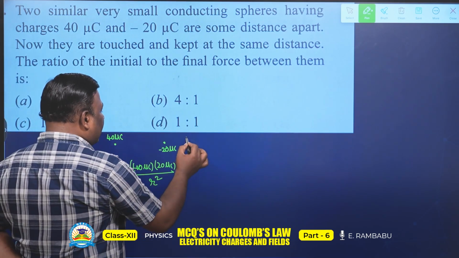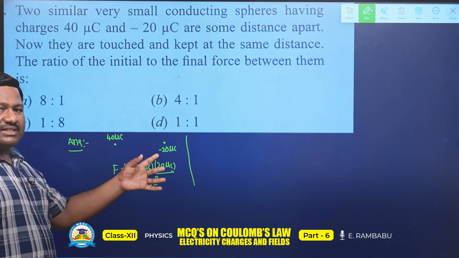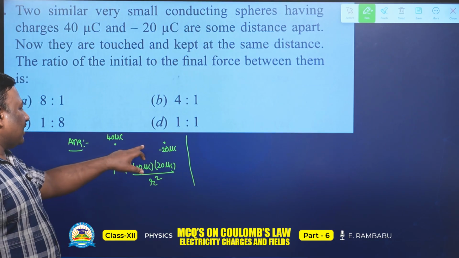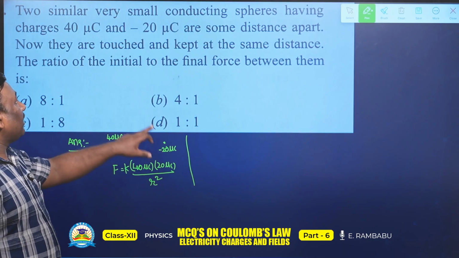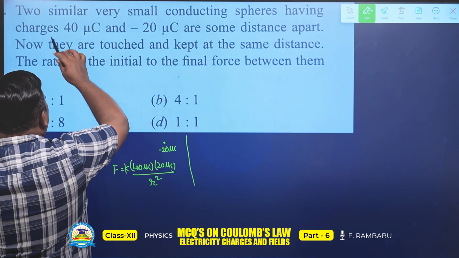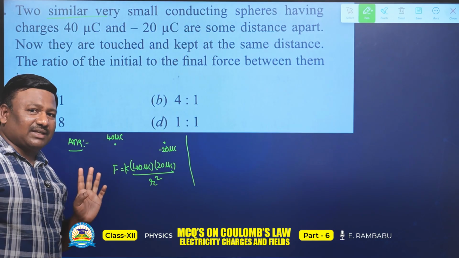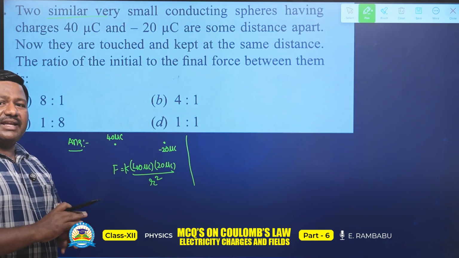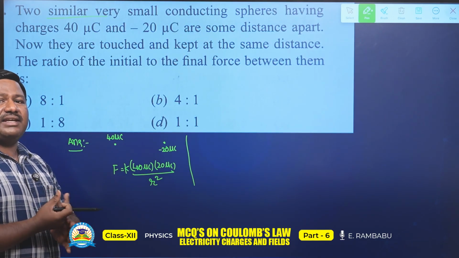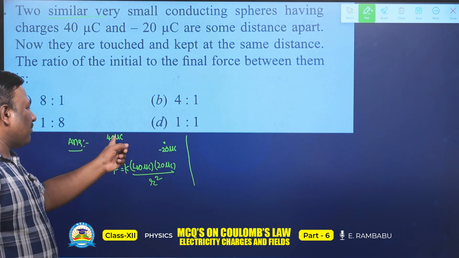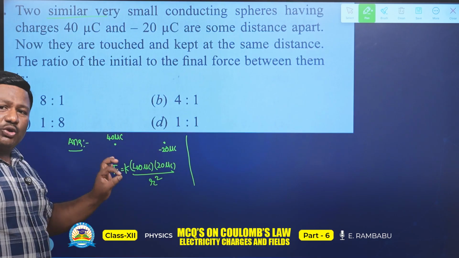What they did in the second case: these two charges are taken near. When two charges are taken near, the net charge becomes 40 minus 20, and here both are given similar. Similar means identical spheres. Identical spheres means they can share charge equally. Whenever both are taken in contact, the net charge becomes 40 minus 20, 20.